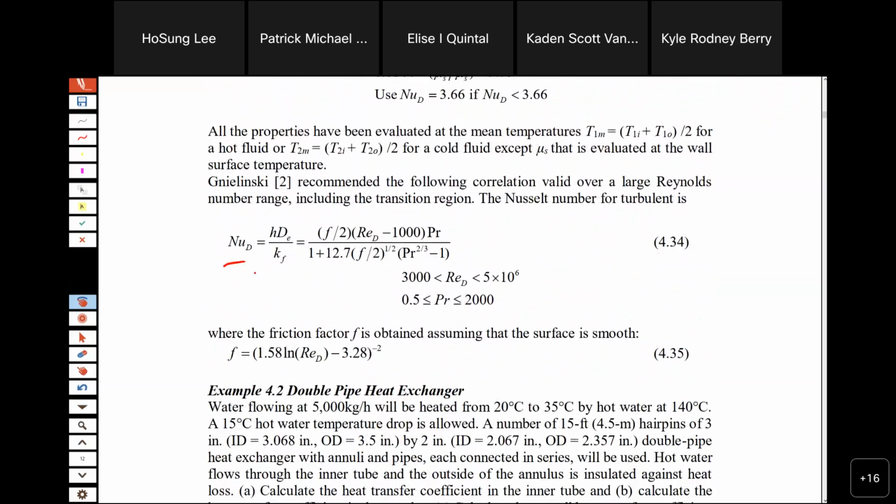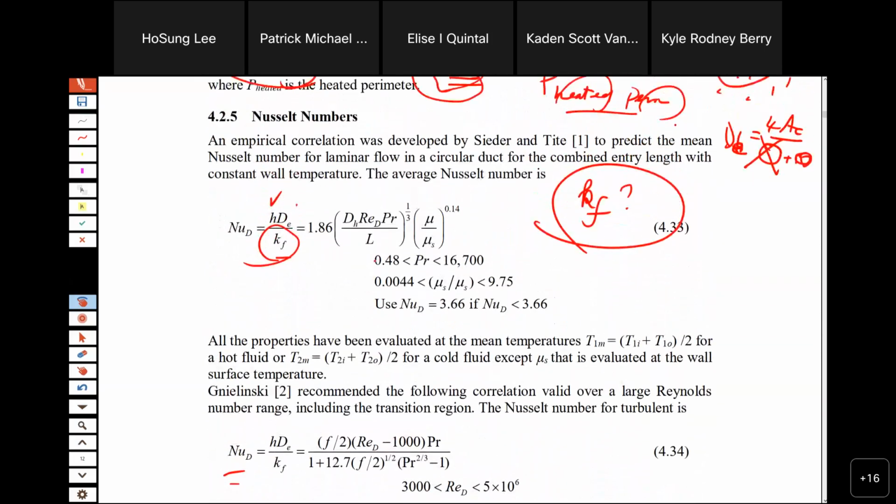And turbulent, we suggest. But what about the mu sub s? Sorry. This is complicated. Is the surface. Usually we use a film temperature property, but this is complicated. They use surface temperature. In this course, mu over mu s is 1.